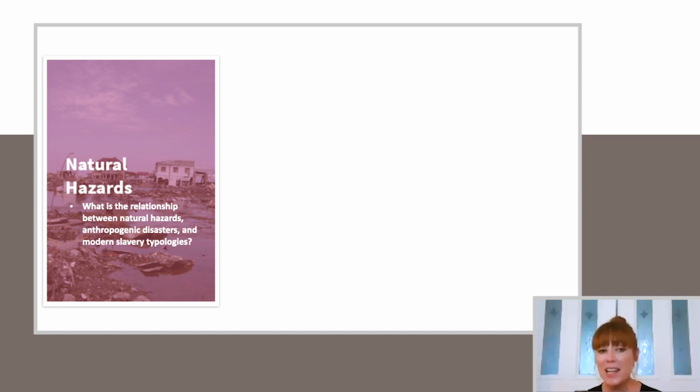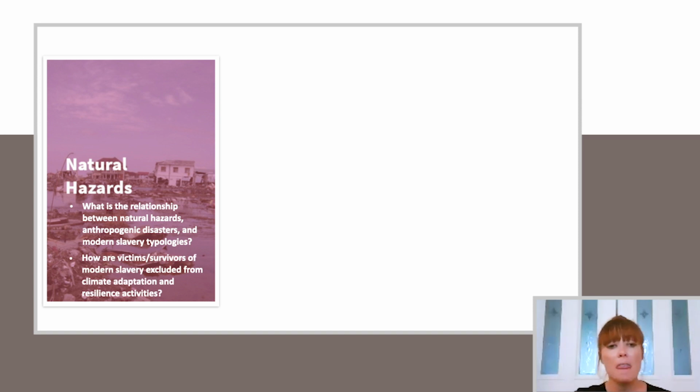There are lots of media narratives that when a natural hazard happens, modern slavery automatically increases, yet there's little empirical data to actually support or interrogate those relationships. And there's also concern that modern slavery survivors and victims, because they are some of the most hidden people in the entire world, are excluded from climate resilience and climate adaptation activities.